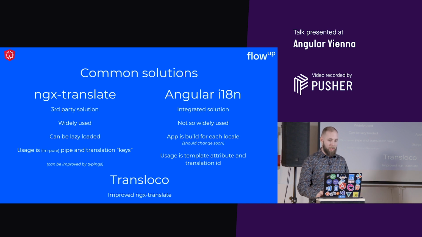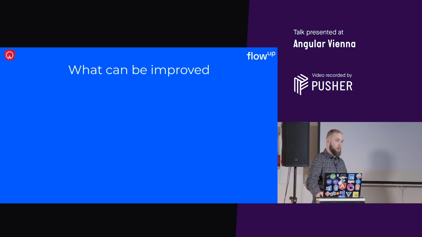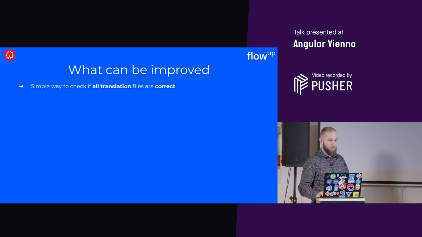So how will I do it? What can be improved in how you currently handle translations in your projects? You need a way to check that all translations are correct. What does it mean?